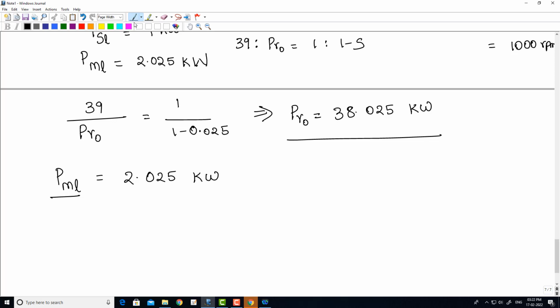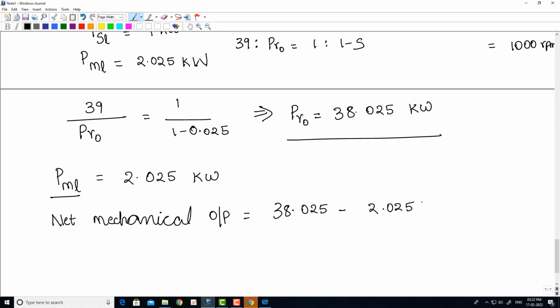So the net mechanical power output is the gross output, that is 38.025 kilowatts minus mechanical loss 2.025 kilowatts, that is equal to 36 kilowatts. This is the net mechanical power output of the rotor.